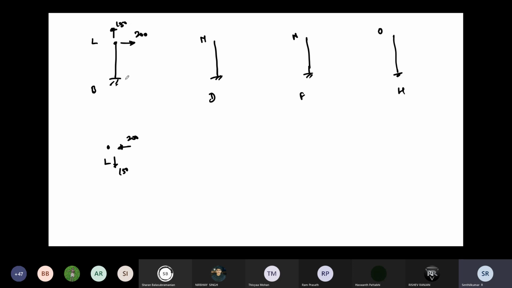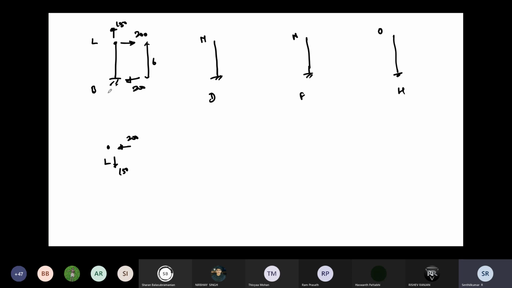So what about my bending moment diagram now? What will be your bending moment value? Already we know what your B value will be. That will also be 200. So sigma H equal to 0, we will get 200. That won't change. Now, what about your bending moment at B? This is your 6 feet, right?